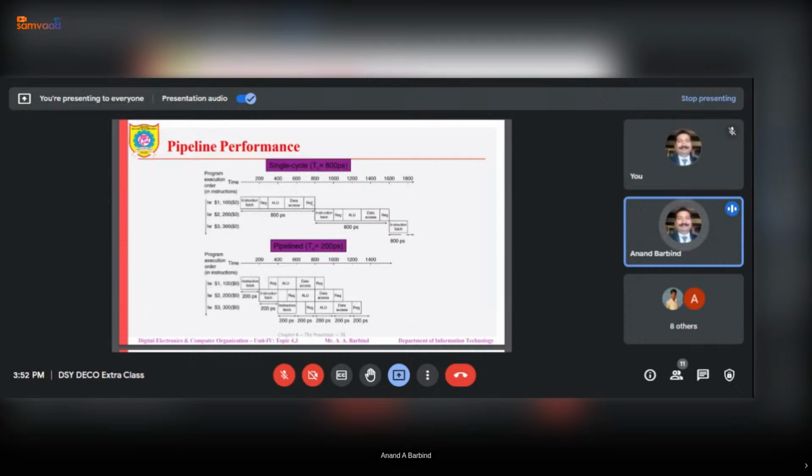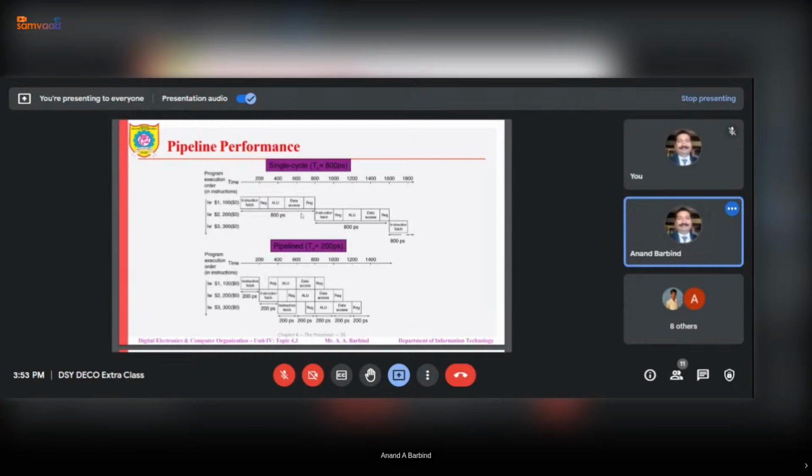Let us say one instruction is executed in 800 picoseconds. If we don't use pipelining, then after the first instruction is executed, that is, instruction fetch, decode instruction, read register, perform the operation in the arithmetic and logic unit, then access the data memory, and then write into the register. For this, 800 picoseconds are required.